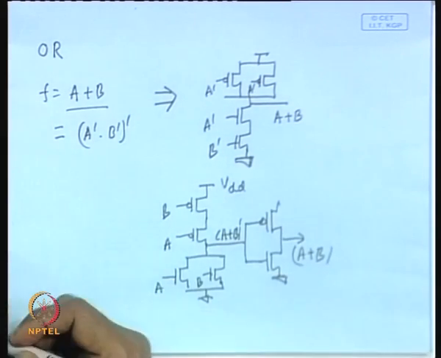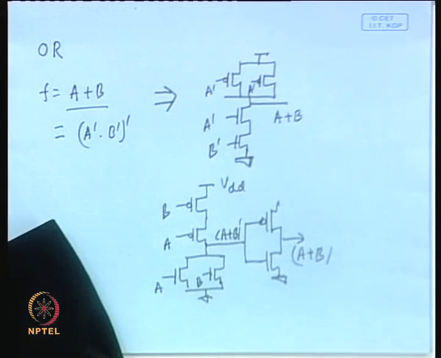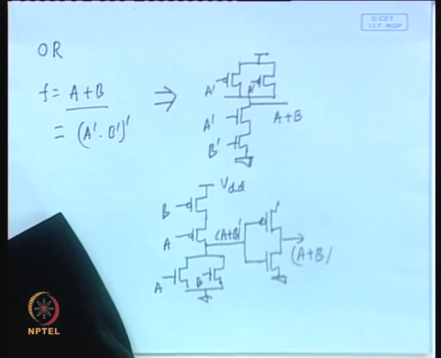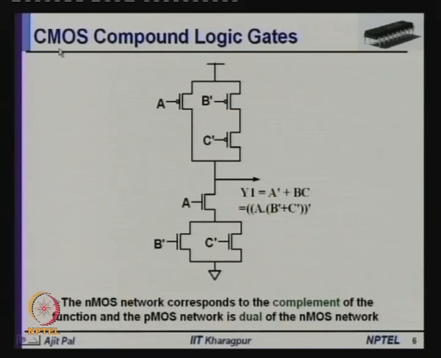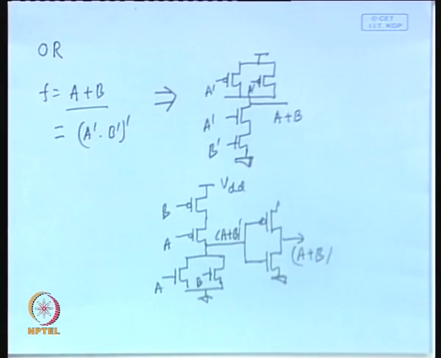Now, from this what can I say? We can realize AND gate and OR gate and also some complex functions, but can we realize any unconventional function? We have seen NAND gate, NOR gate, OR gate, AND gate realizations.